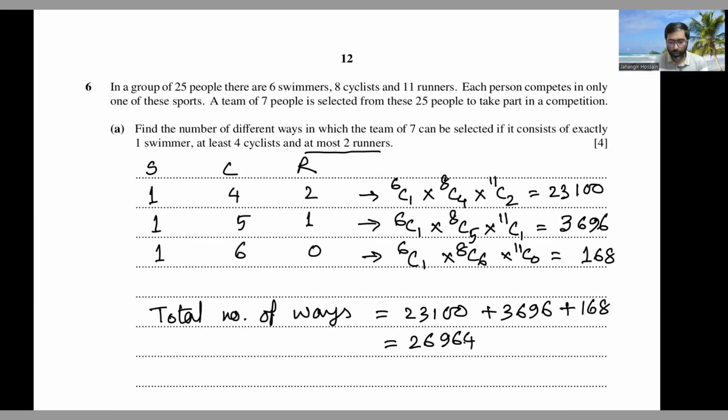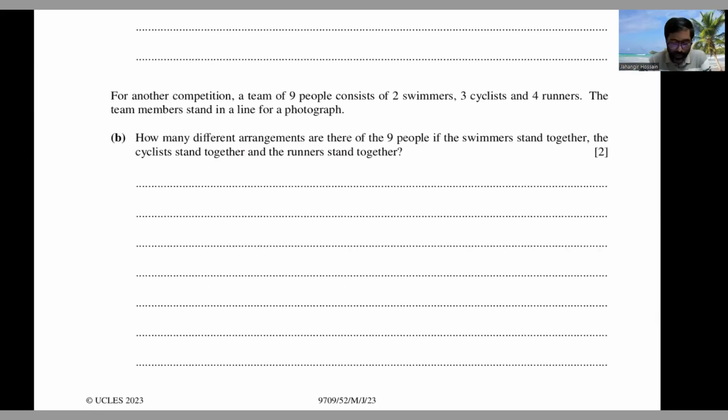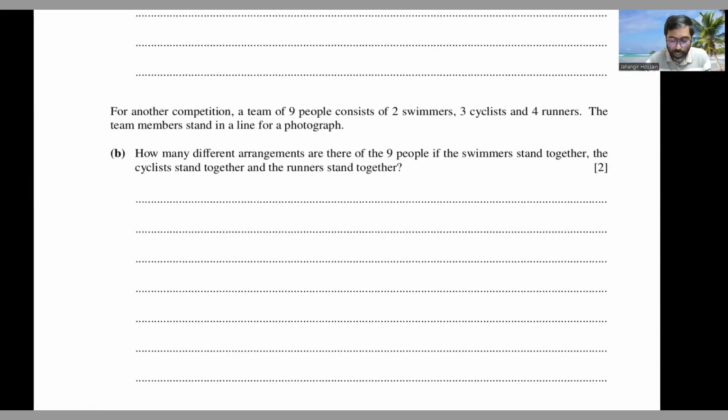Okay, that's part A. Number of different ways in which a team of 7 can be selected if it consists of exactly one swimmer, at least four cyclists, and at most two runners. Now, the next part: for another competition, a team of 9 people consists of two swimmers, three cyclists, four runners.